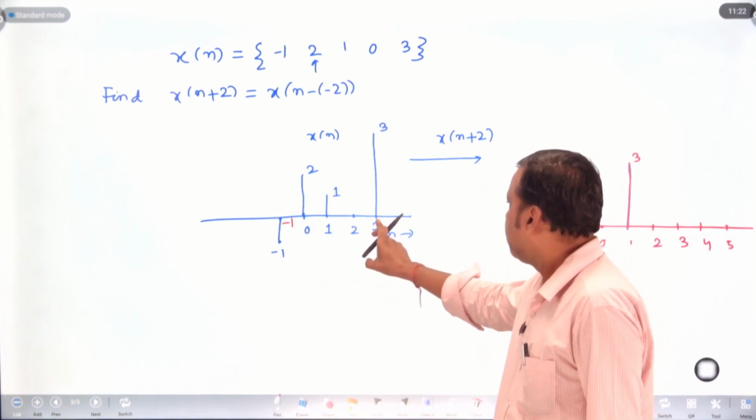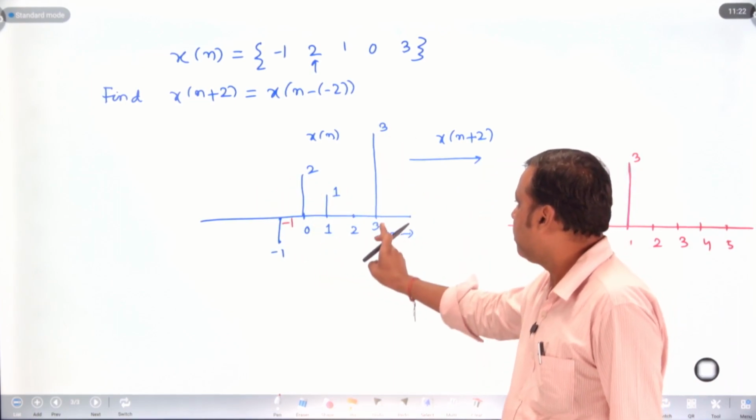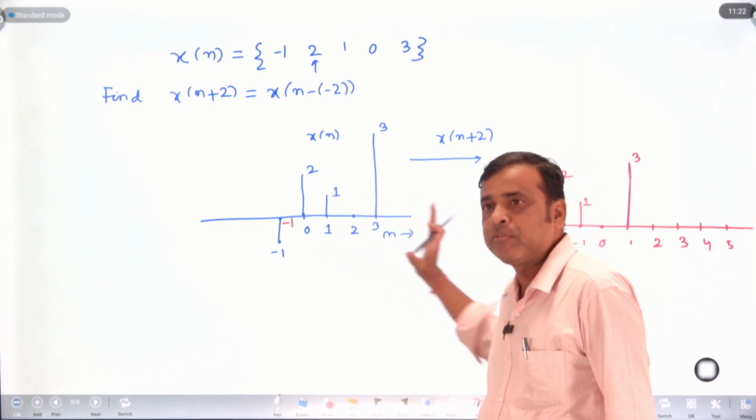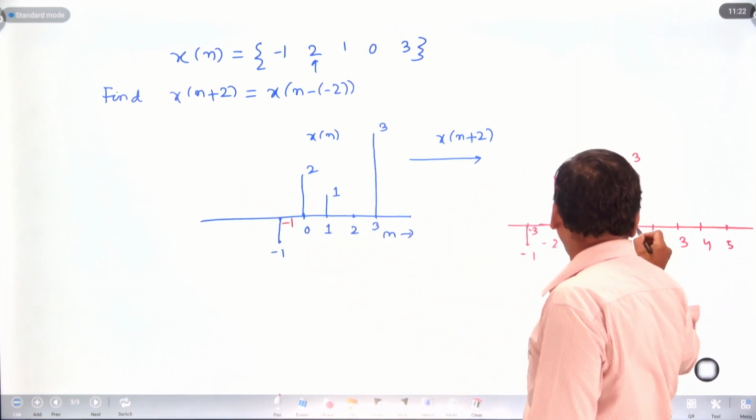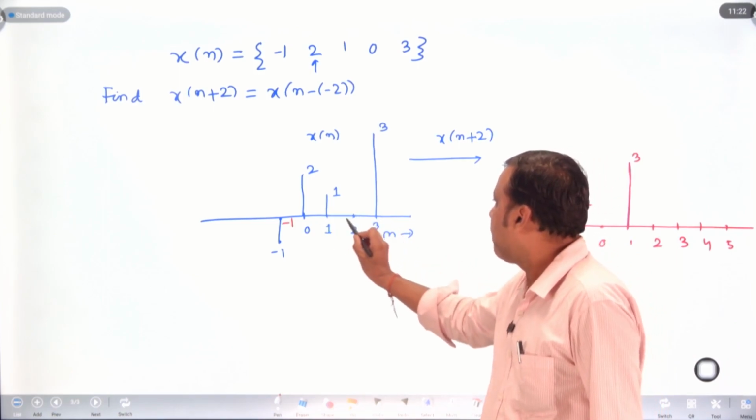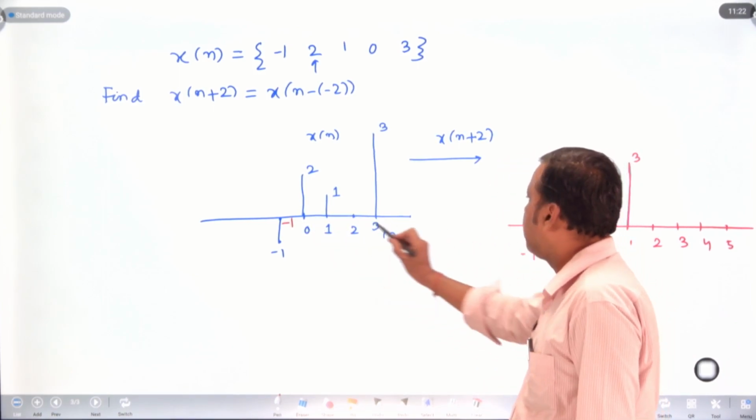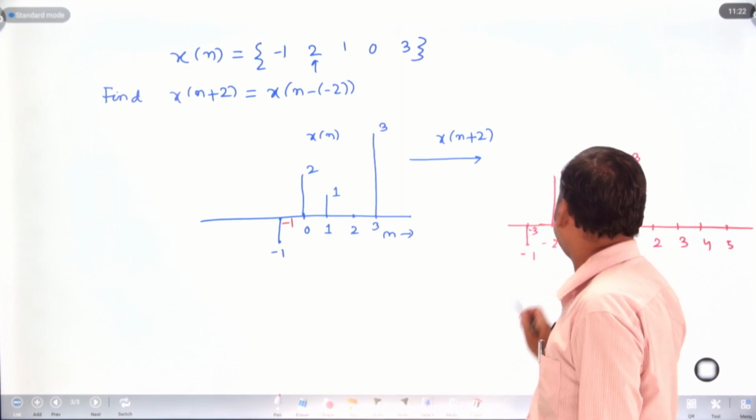That means the 3 at n equal to 3 appears, shifted to the left, at n equal to 1. The 0 again appears here, and the 1 appears at n equal to minus 1, like this.